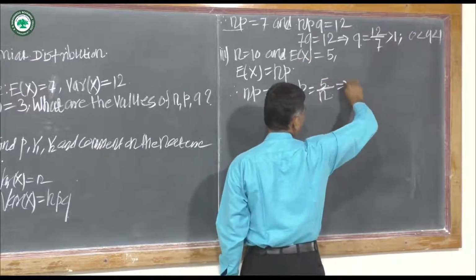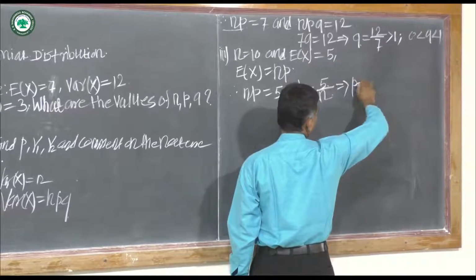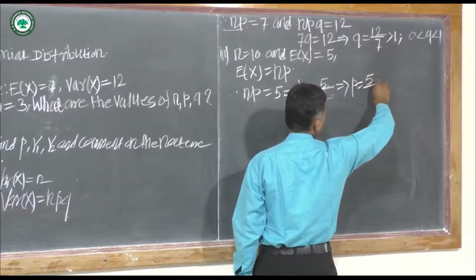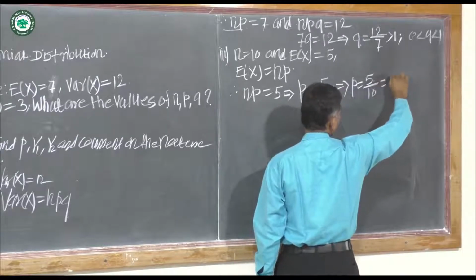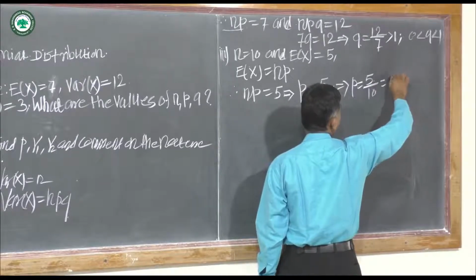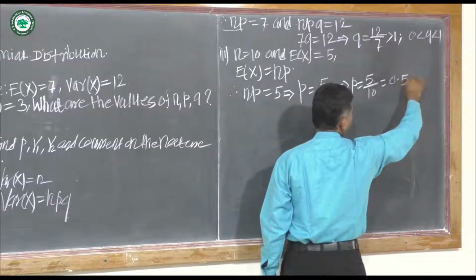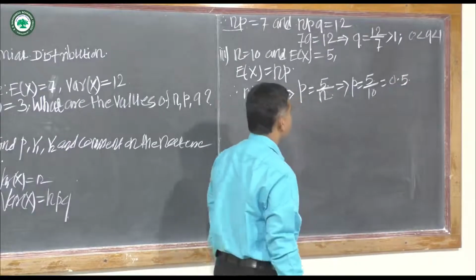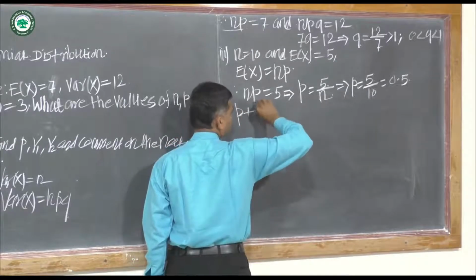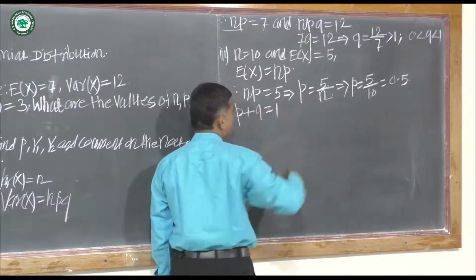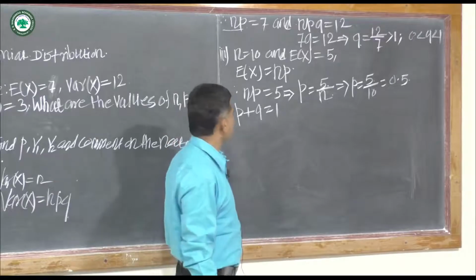Again this implies that p is equal to 5 upon 10, that is, the value of p is equal to 0.5. Then we know that p plus q is equal to 1, total probability is equal to 1.